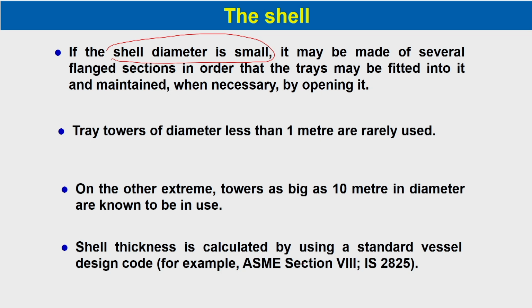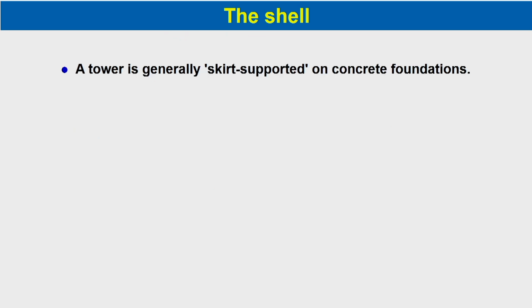Shell thickness is calculated by using a standard vessel design code. So, that would be available in these references you can use, where the thickness of the shell can be calculated. A tower is generally skirt supported on a concrete foundation. As we have shown you in the figure, there is a skirt foundation or support which is made of concrete to keep the tower.